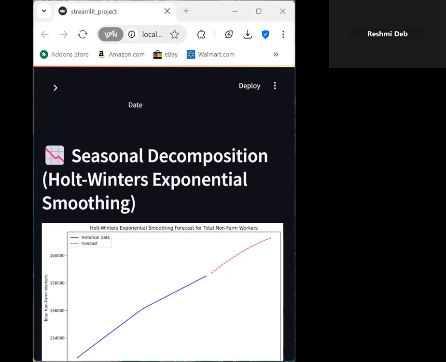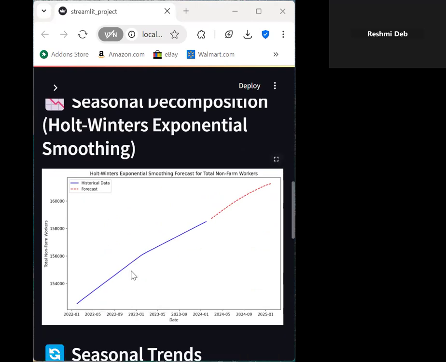Next, we move on to seasonal decomposition. So here I have used total non-farm workers. This chart is very useful for forecasting total non-farm workers using the Holt-Winters exponential smoothing method.